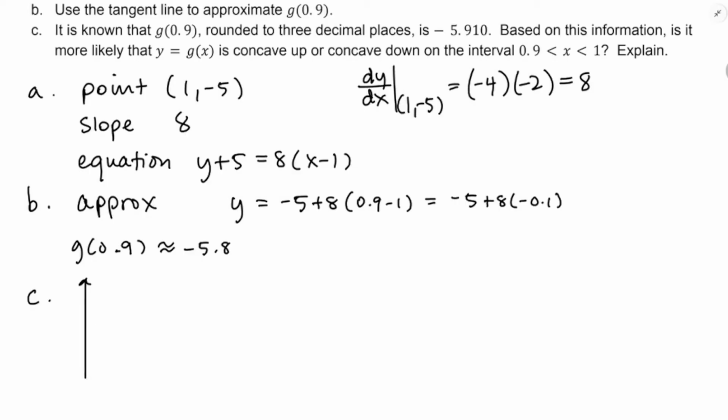And this is, oh yeah, I'm glad I put this on here. Okay, versus negative 5.9. Okay, negative 5.8 is greater. Okay, so it was an overestimate. So I'm going to say the linear approximation was an overestimate.